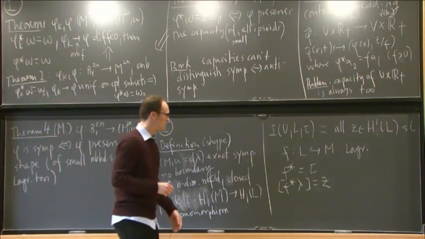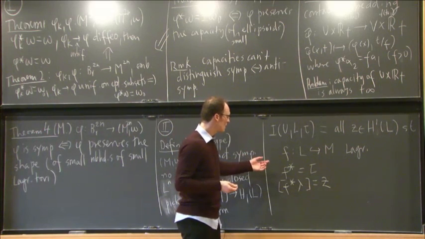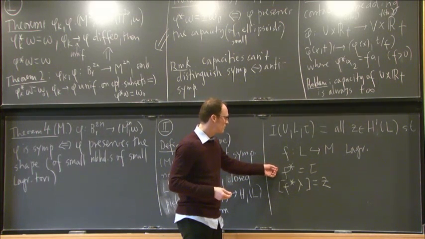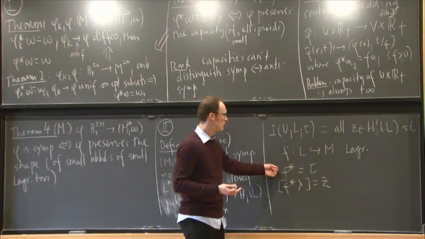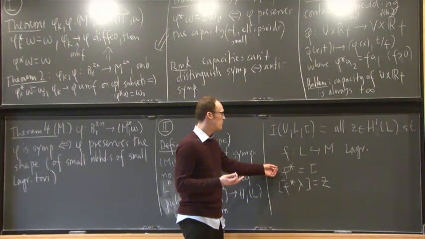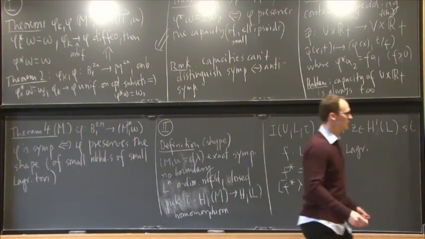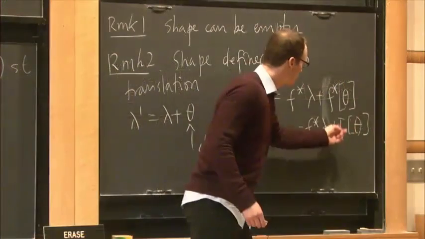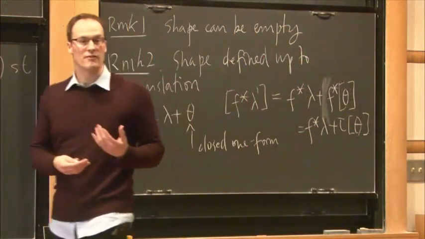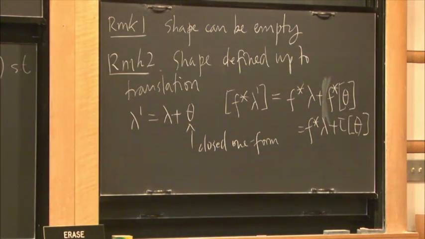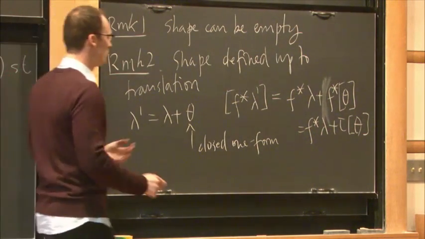But here's the first time where you see why I want to fix this action on the induced map on homology, because then this is always the same vector, so it's a translation by a fixed vector. Otherwise, this could be anything.